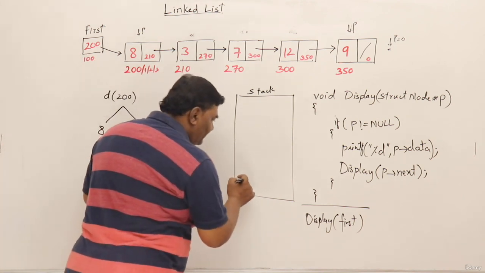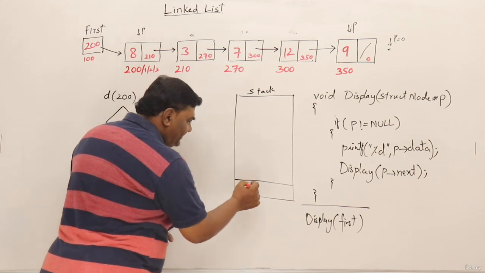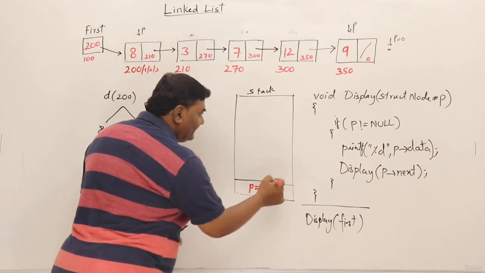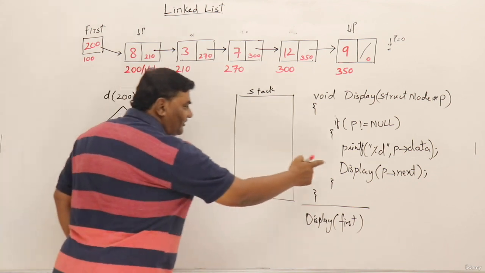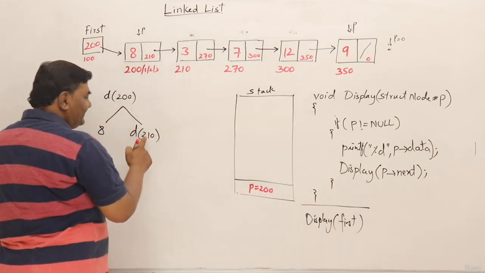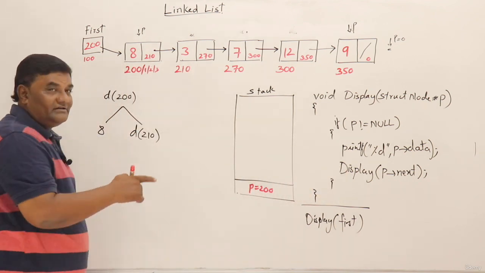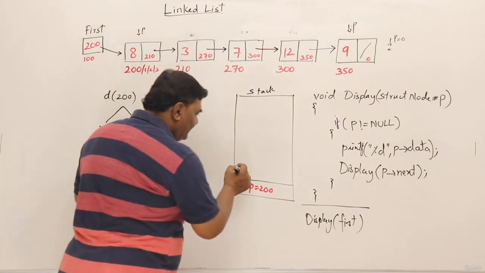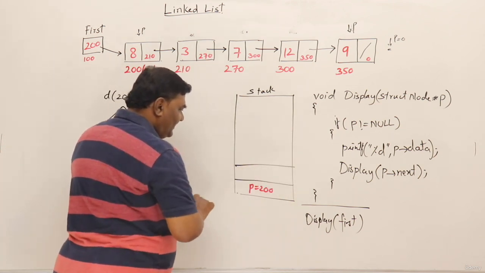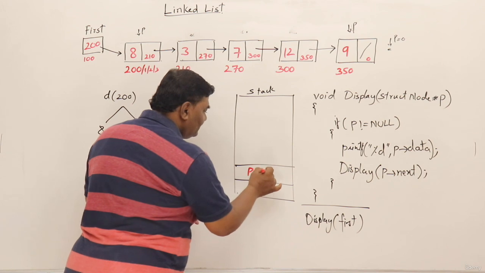So an activation record is created and the pointer P is 200. And 200 is not null, so it has printed this 8 and it has called itself again for the next address, that is 210. For the next call, again an activation record will be created and the pointer P will have the value 210.